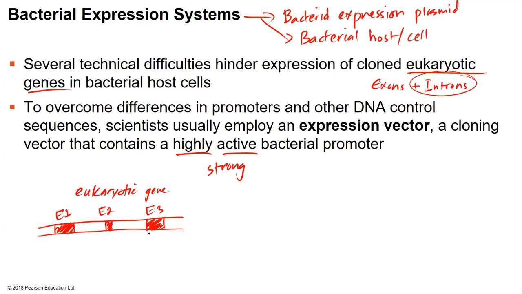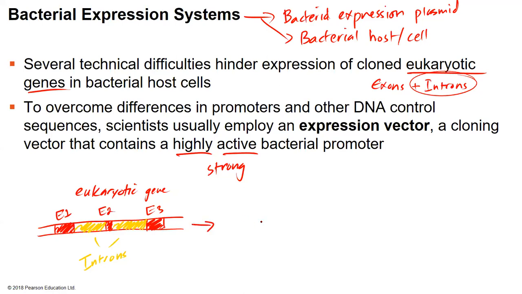And in between we have the introns. So this is intron and this is another intron. So both are introns. So we can take the eukaryotic gene and remove the introns by using, for example, the mRNA.